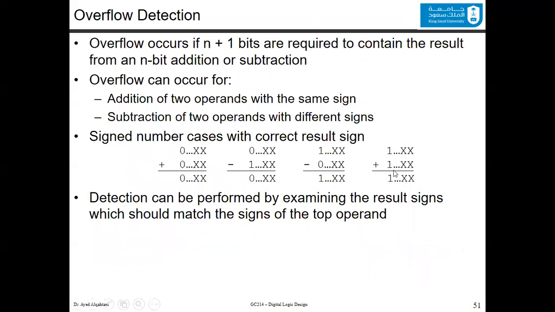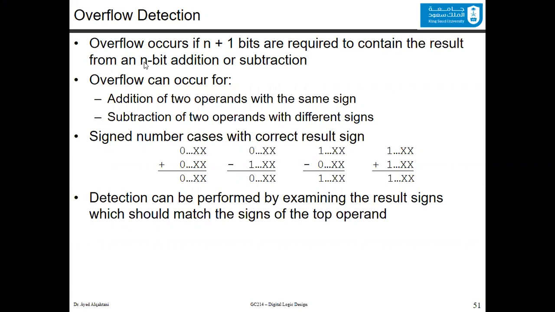Now we will discuss the idea of overflow that could happen in addition and also in subtraction. The overflow occurs if n plus 1 bits are required to contain the result from an n-bit only addition or subtraction.